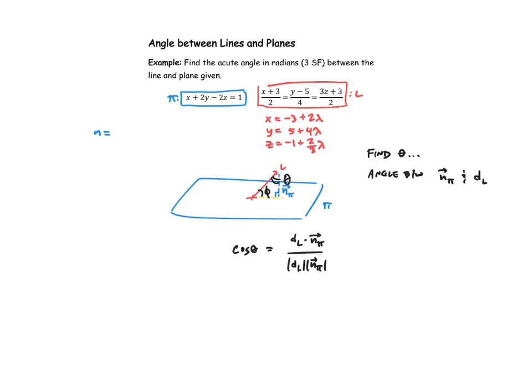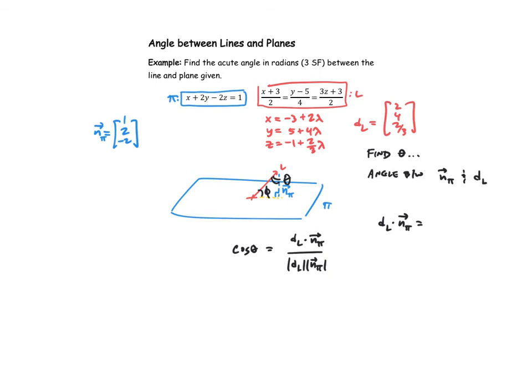All right, the normal vector to pi is pretty simple. It's going to be 1, 2, and -2. Let's find the direction vector of L. The direction vector of L will be 2, 4, and 2/3. Now we need to find the direction vector of L dotted with the normal of pi.